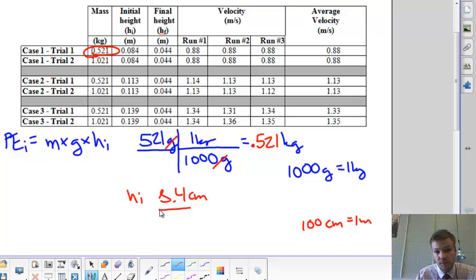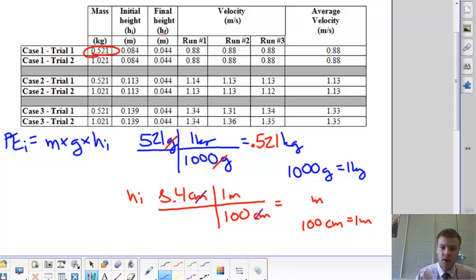So I draw my dimensional analysis block again. In the end, I want meters, so I'm going to put centimeters on the bottom because I want to cancel it: one on top, one on bottom, gets rid of it. 1 meter goes on top. 8.4 divided by 100.